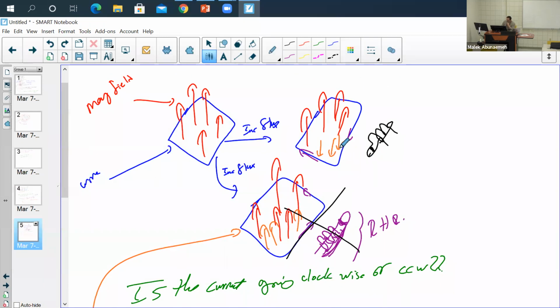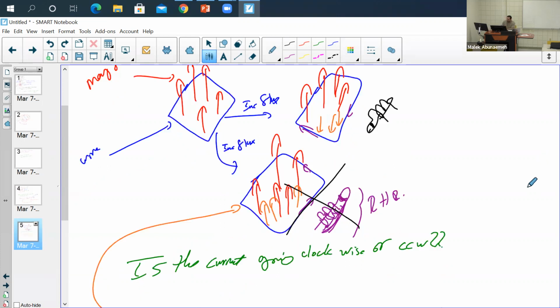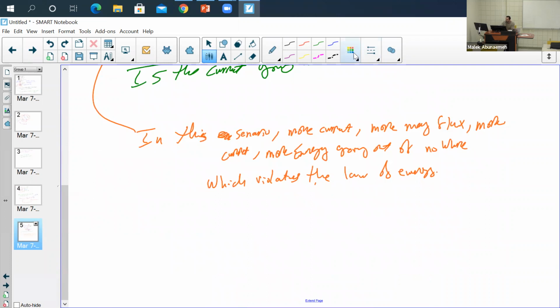So in this case, your current is going to go on this side according to the right-hand rule. The current is going to induce a magnetic field, and that's what Lenz's law is. Let me get a different color.